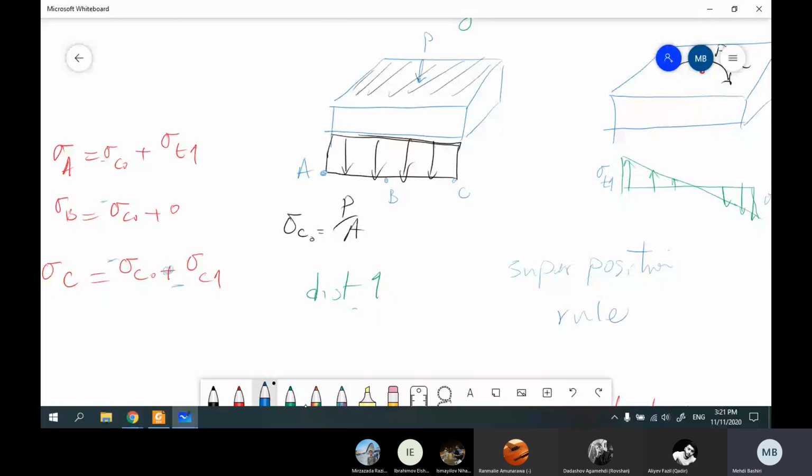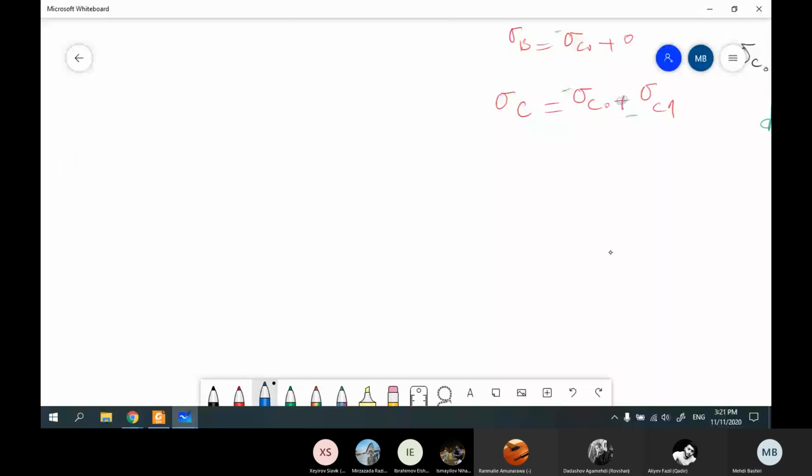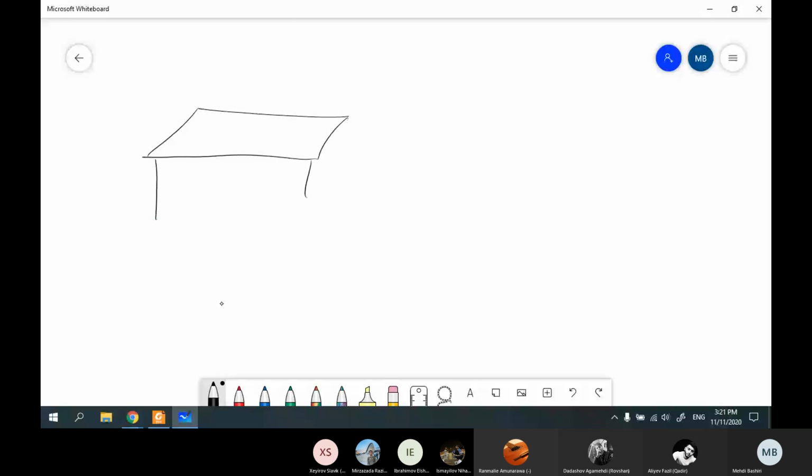Okay, let me give you an example with numbers so you can feel this better. Let me show you from the top. This is our column place. The length is 5 meter, and this is 2 meter.